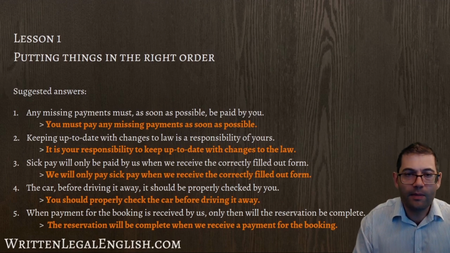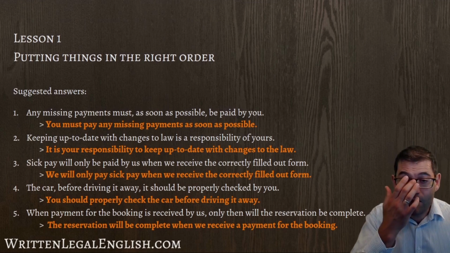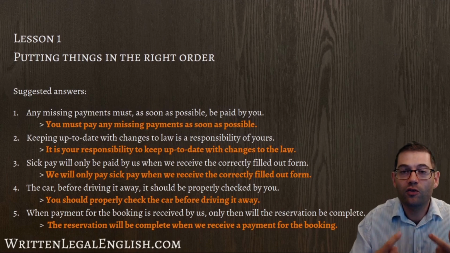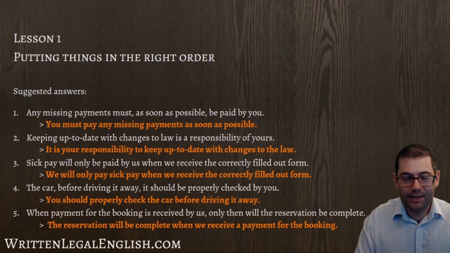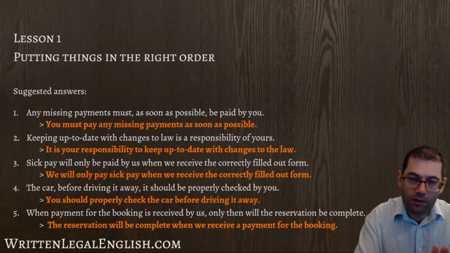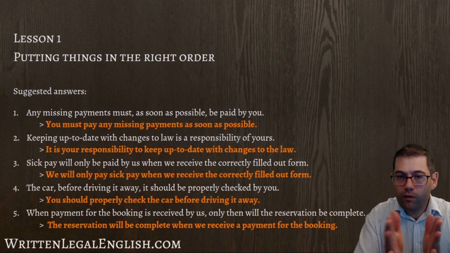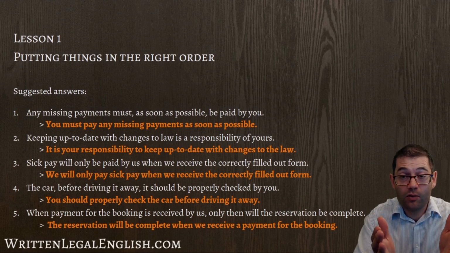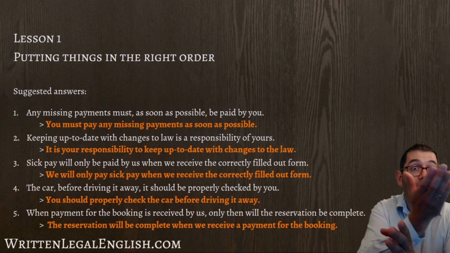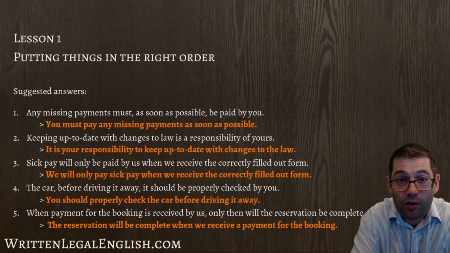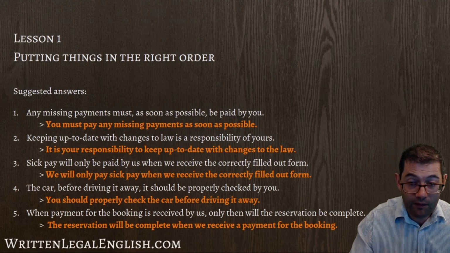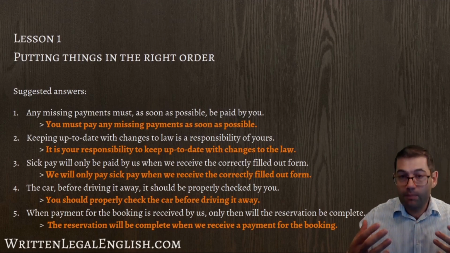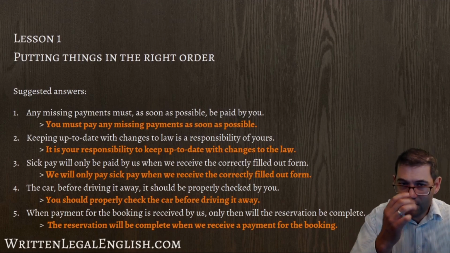So for number 3, the main clause is we will only pay sick pay. And for number 5, the main clause is the reservation will be complete. Now, when we're writing a sentence using a main clause and a subordinate clause, of course, we can change the order. So the subordinate clause can go before the main clause. That's not a problem. So you can say, when we receive the correctly filled out form, number 3, we will pay sick pay. We have to make a small change there.